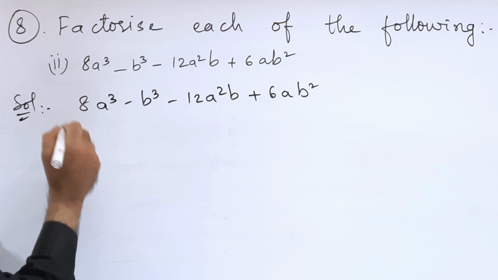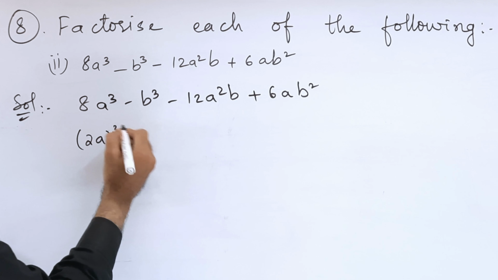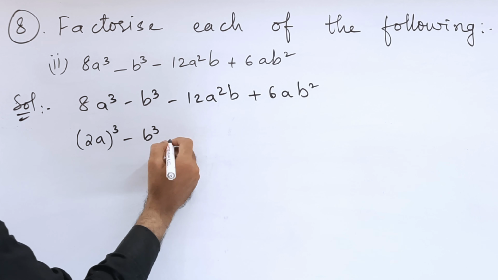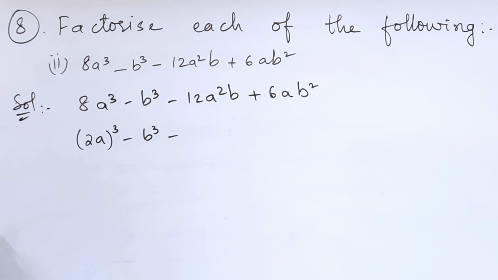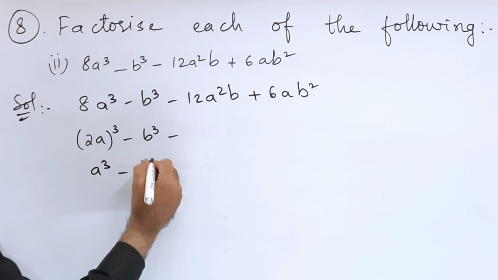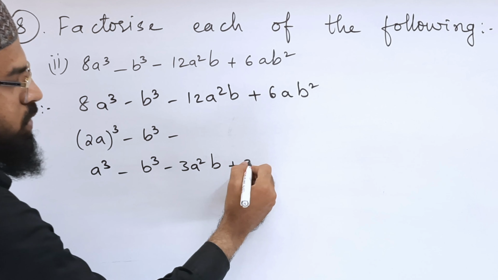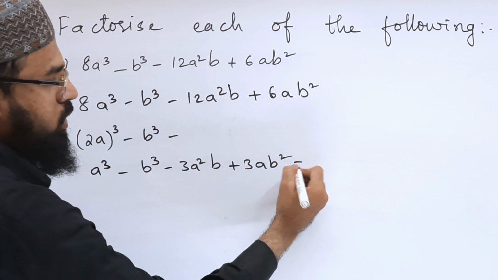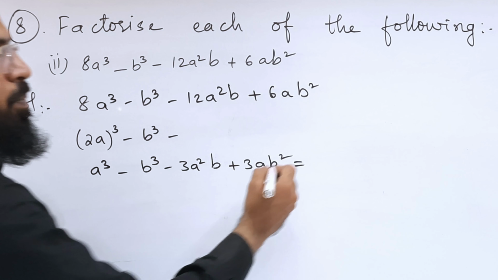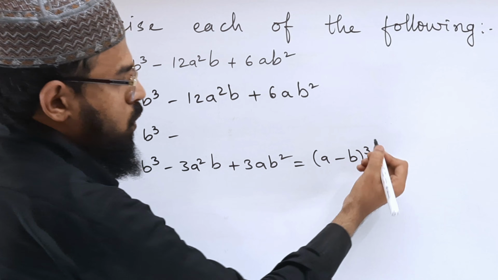So let us write 8. 8 is a cube of 2. So 2a whole cube minus b cube minus. So let us write the formula. A cube minus b cube minus 3a square b plus 3ab square. So this is the formula, and here it is a minus b whole cube.